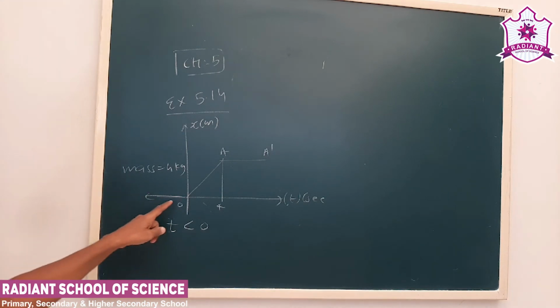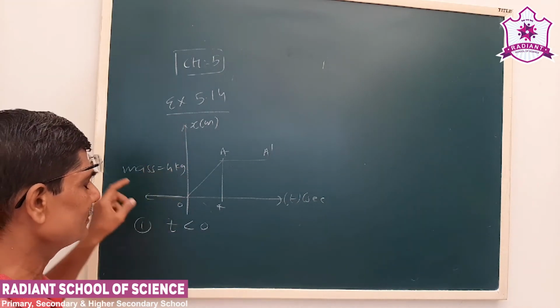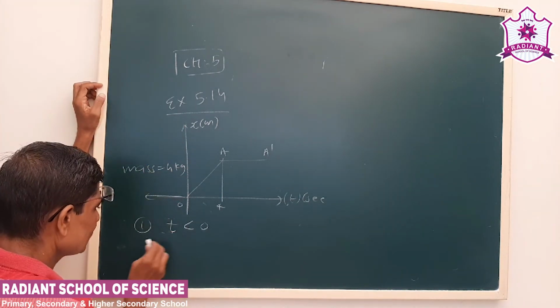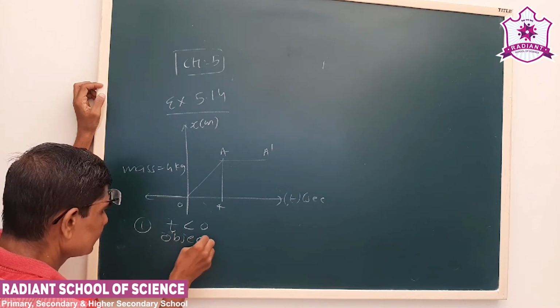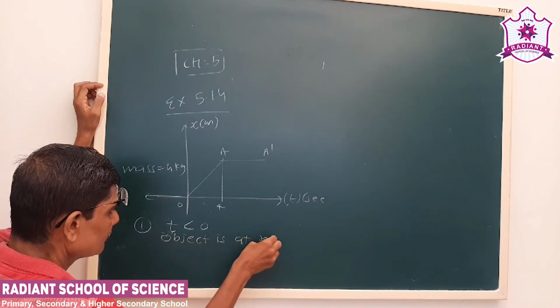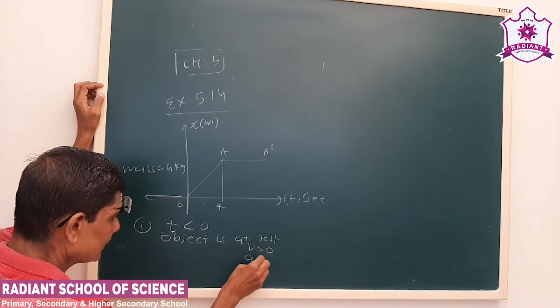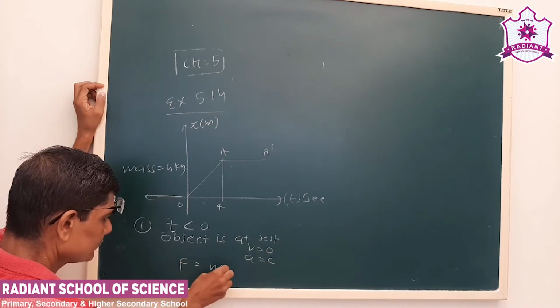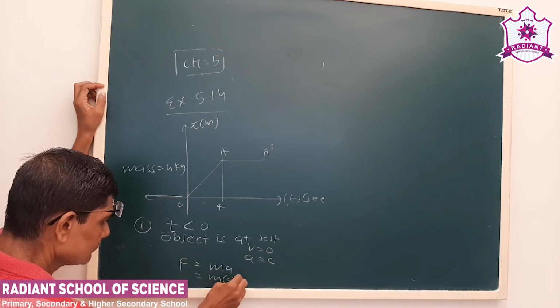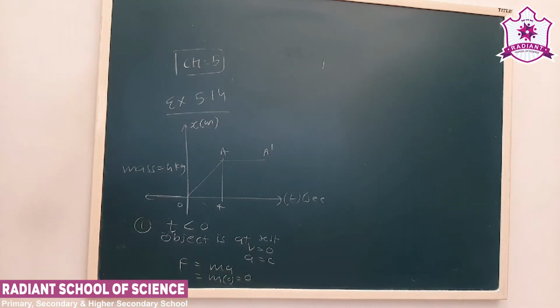For time t less than 0, the particle is at rest. Object at rest, velocity is 0, acceleration is 0, force is 0. So this is the condition for t less than 0.